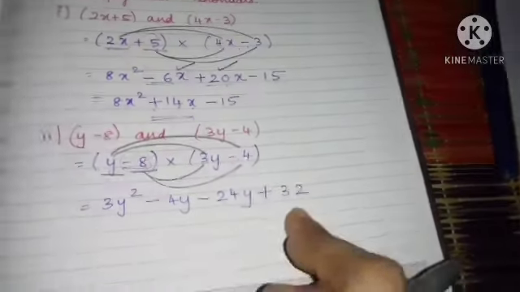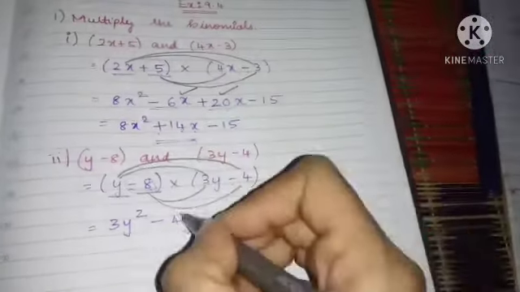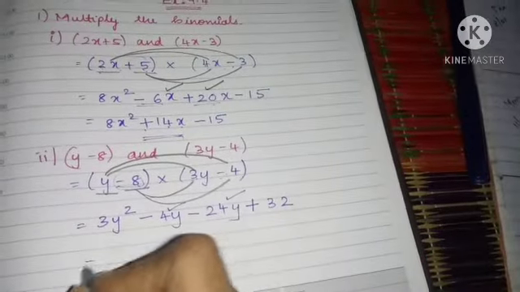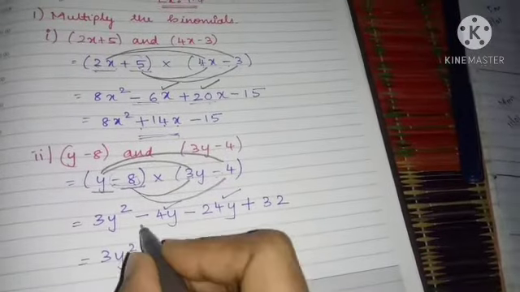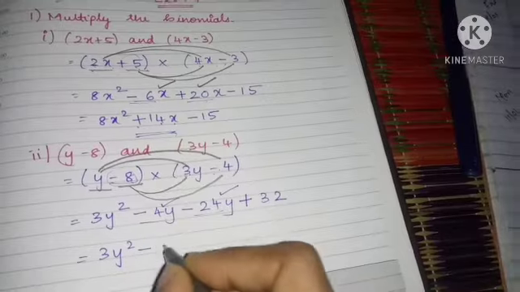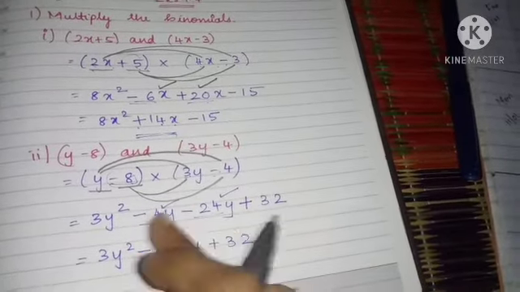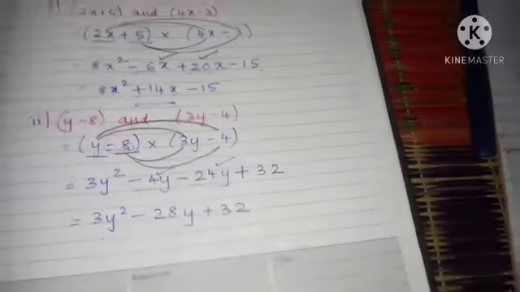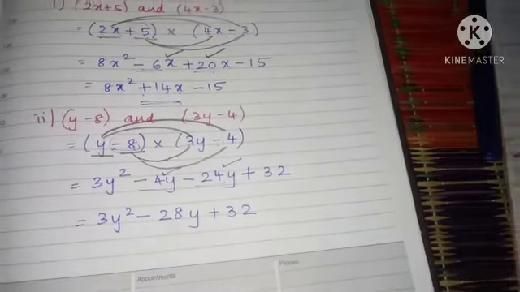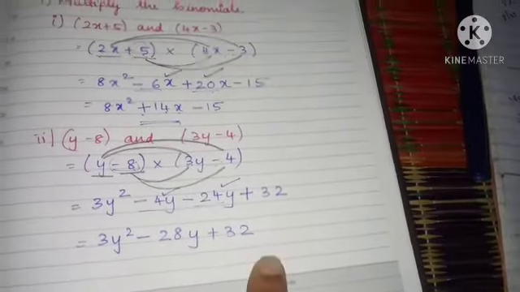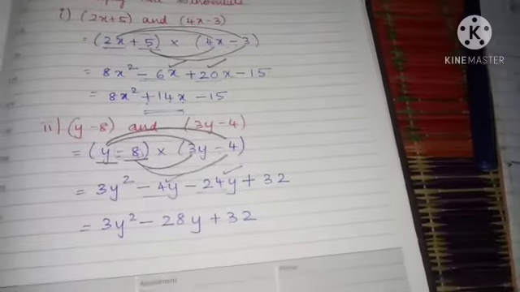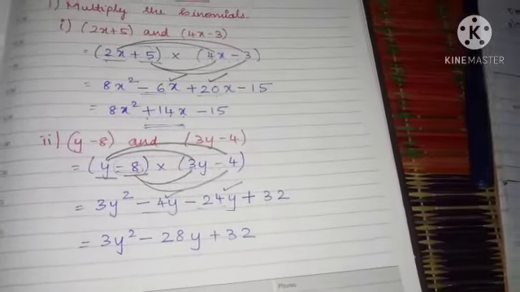Is everything an unlike term? No. These two are like terms. So, 3y square, minus 4 minus 24 is minus 28y, plus 32. Everything here is an unlike term, so you should stop here.